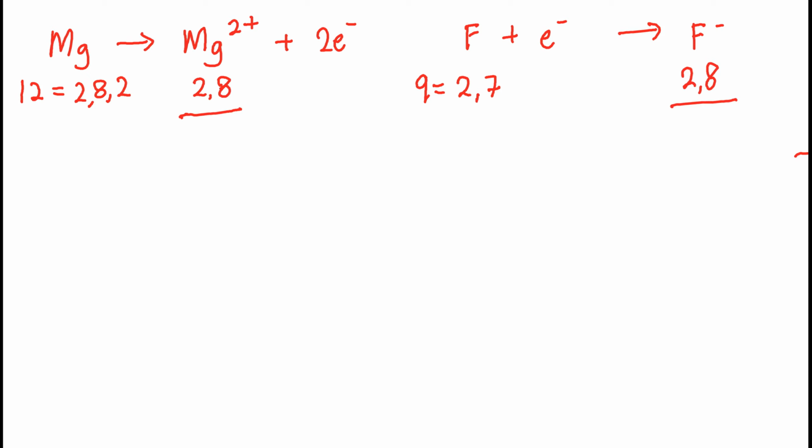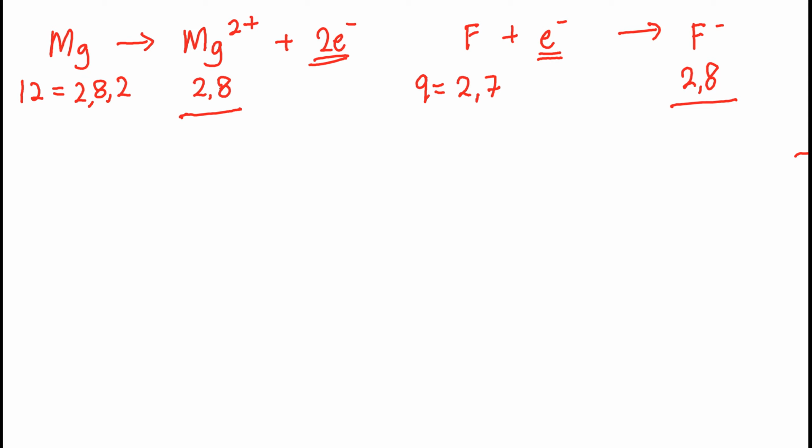Now let's draw the electronic structure of the magnesium fluoride compound. Before that, we need to make sure that the electrons given by the magnesium must balance the electrons received by the fluorine. Now currently they are not balanced. Magnesium can't give 2 electrons if fluorine would only receive 1 electron.